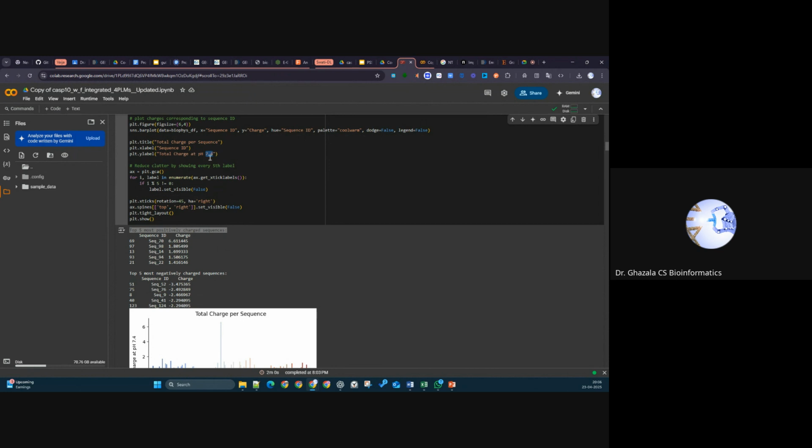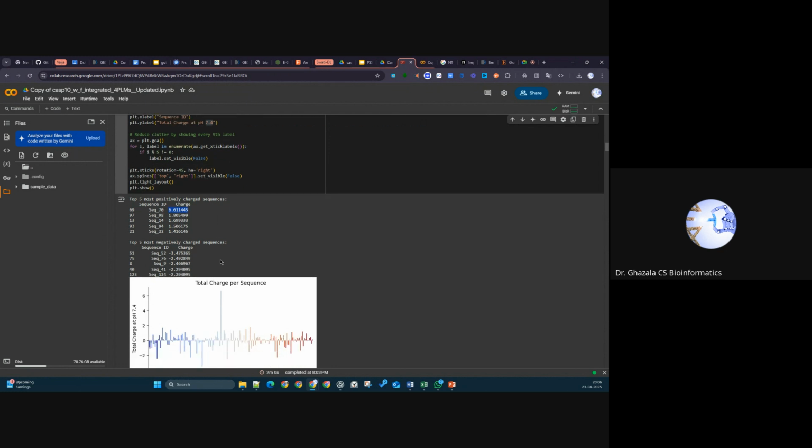If it is positive, it will be among the positively charged sequences. This is not exactly for any one amino acid. It is the average of the whole sequence, of all the amino acid sequences that are there.